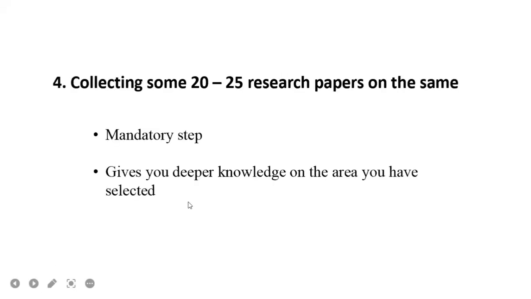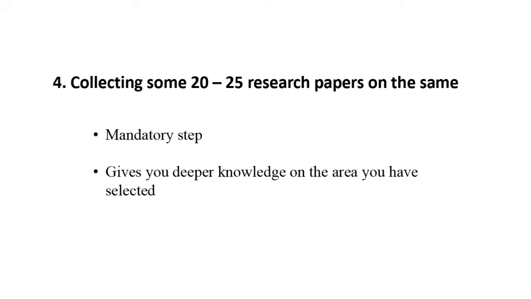The very next thing is you need to collect a minimum of 20 papers on the topic you have selected. This is one of the mandatory steps in the publication process. Suppose, for example, I have chosen emotion recognition, recognizing what kind of emotion is there in a particular text. That is the topic I've chosen for the research. In the market, we have several papers already published on the same topic.